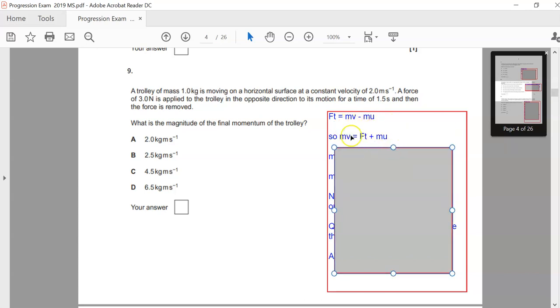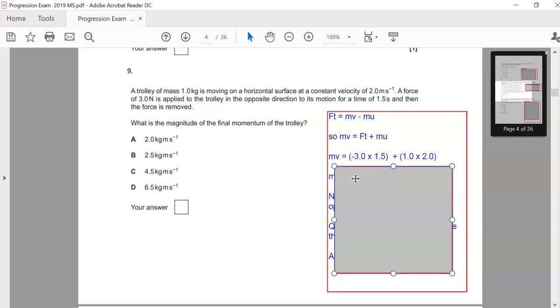We know what force is acting for what time, and we also know what the initial momentum was because we've got the mass and the velocity. So really it's just about rearranging this to find out what mv is equal to, and then we'll have our answer. So substitute the values in.